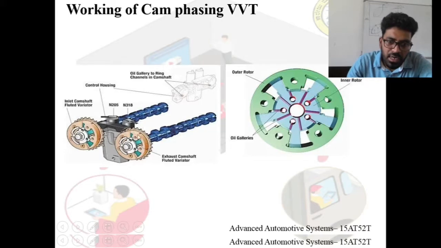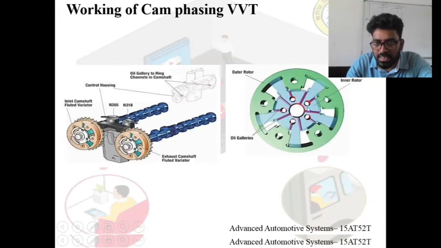The outer race is not directly connected to the camshaft; it is connected indirectly through the inner rotor. The outer rotor and inner rotor are shown in side view on the right side here.